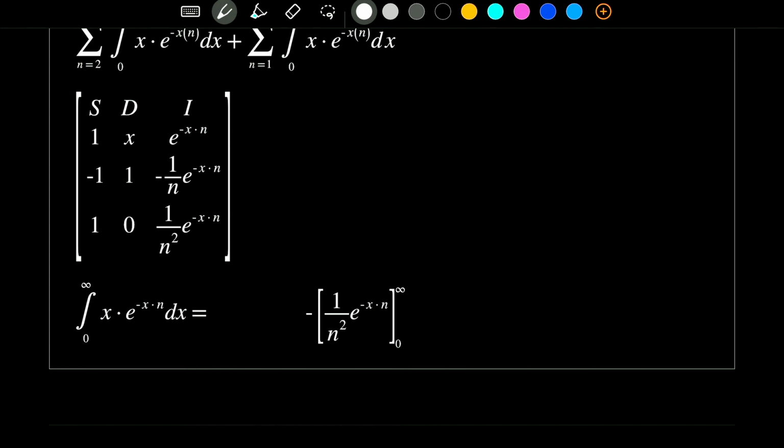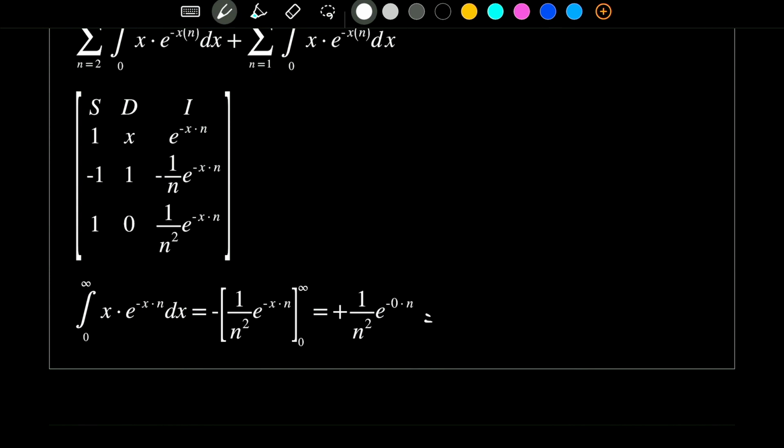Now notice that the 0 is the lower bound, so we need to use another minus sign. So we're going to get minus minus, or just plus, and then 1 over n squared times e to the power of minus 0 times n, which gives us 1 over n squared. So that's nice. We now have that this integral equals 1 over n squared.